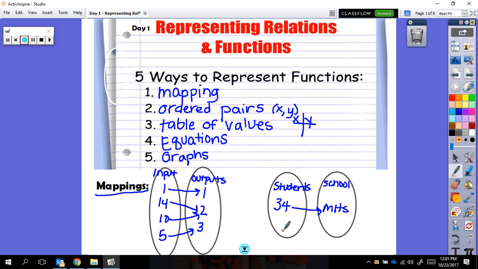I could list everyone's name, like I could put Caleb and Riley and Bella, and every single one of you guys would be mapped to MHS. Okay, so that's a mapping. You can easily take any of these and go to a mapping. Okay, because if you can build a T-chart for it, you can map it.